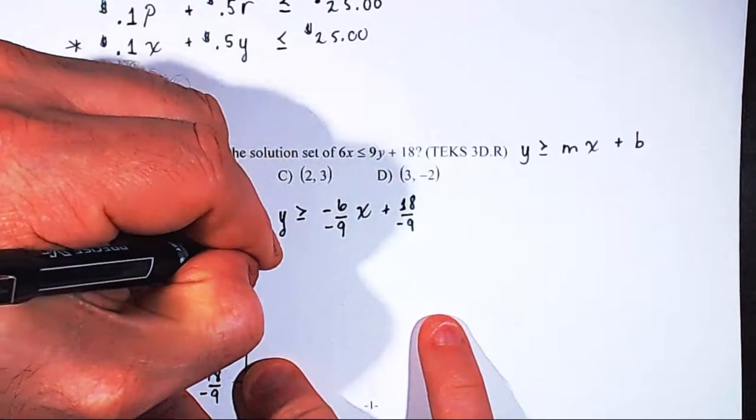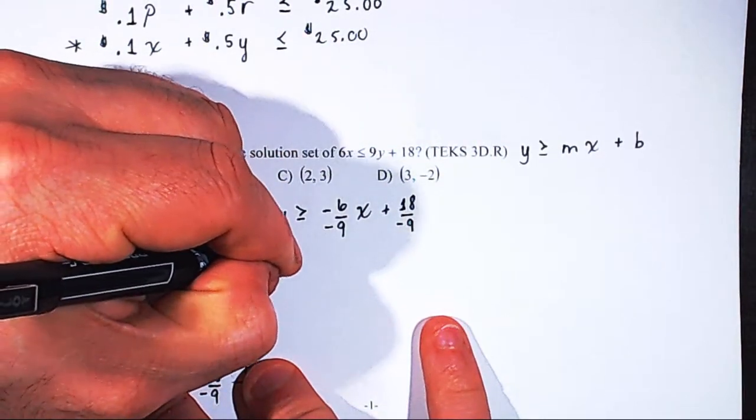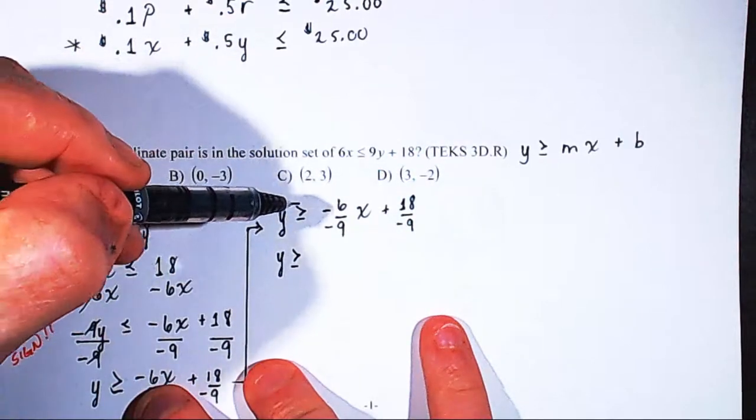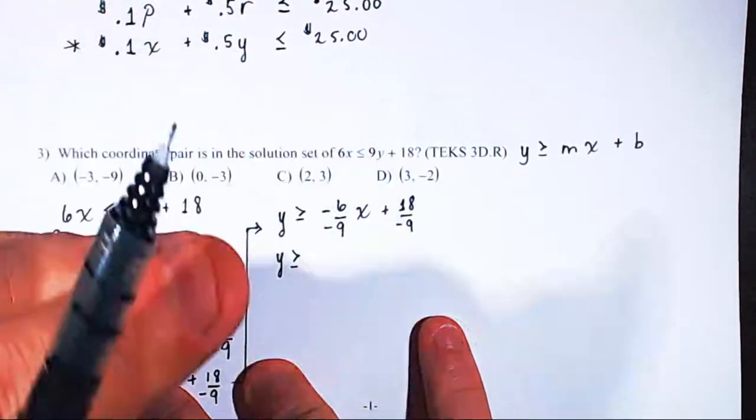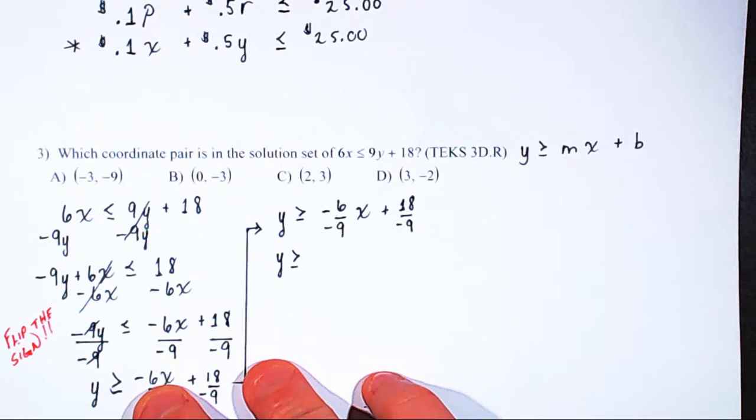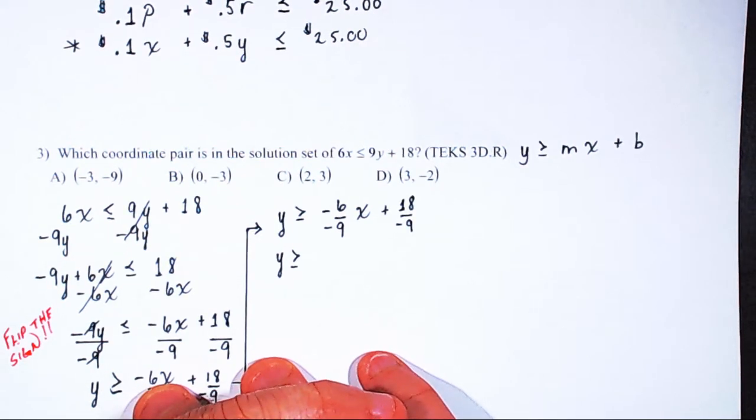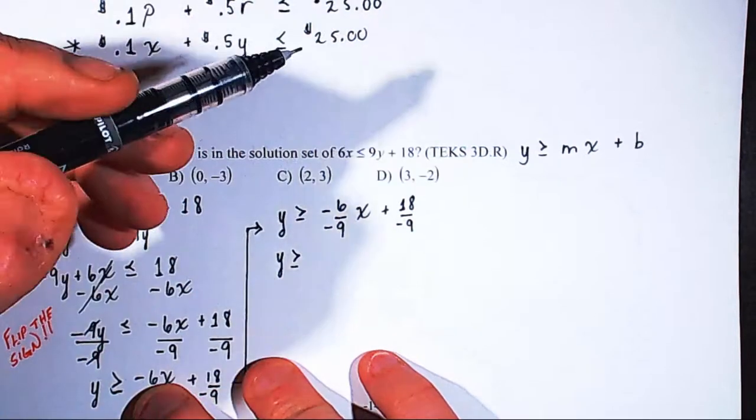So let's rewrite y is greater than or equal to, and then think about what we can do here. Now we have a negative divided by a negative. That's going to give us a positive. So we know it's going to be positive 6 over positive 9. Now, can 6/9 be reduced? Well, yeah, it can.